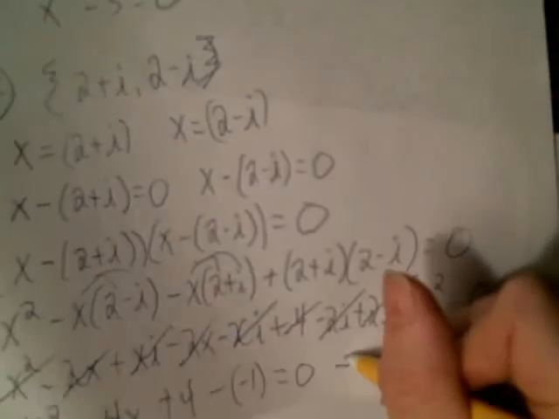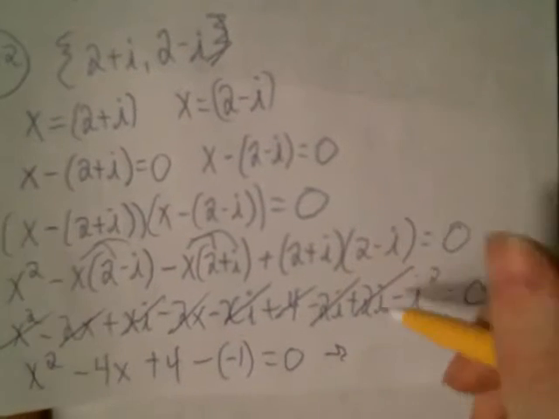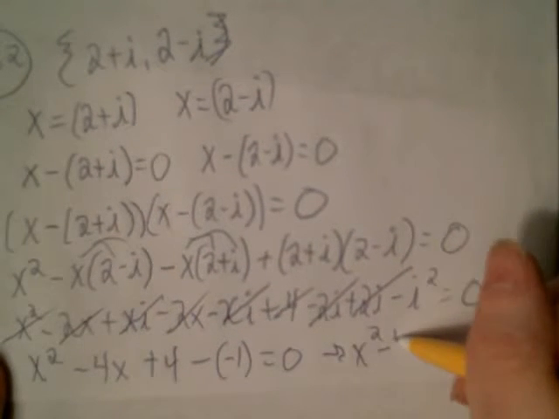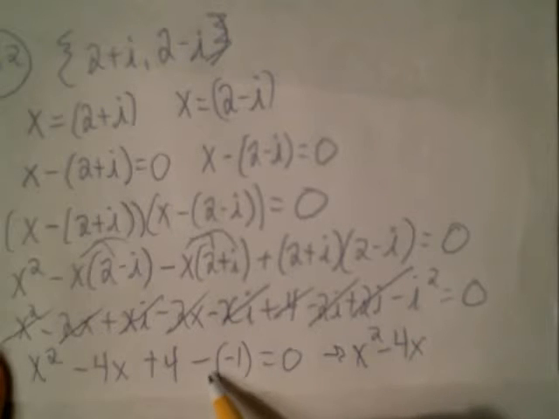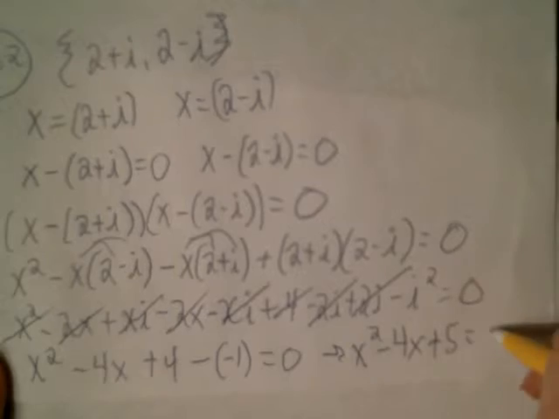Right? Let's just go right here: x squared minus 4x plus 4, negative negative 1 is plus 1, so plus 5 is 0, and that would be our final answer.